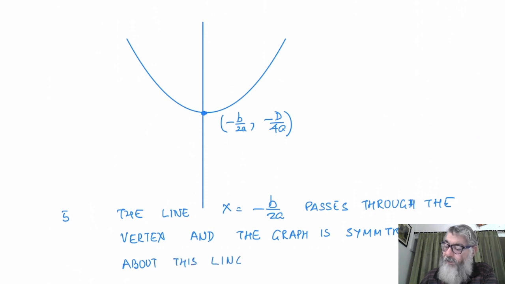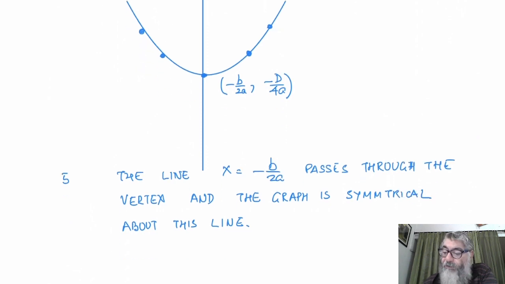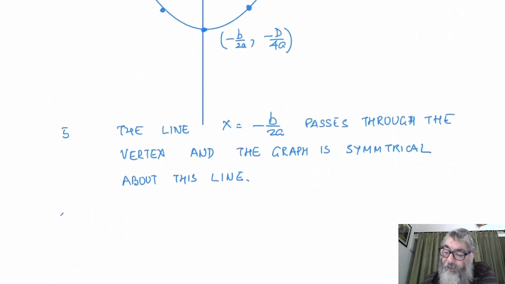It is exactly symmetrical. Whatever point will be on one side will have the same on the other side. All the points will be symmetrical about this axis, this line which passes through the vertex of the parabola.